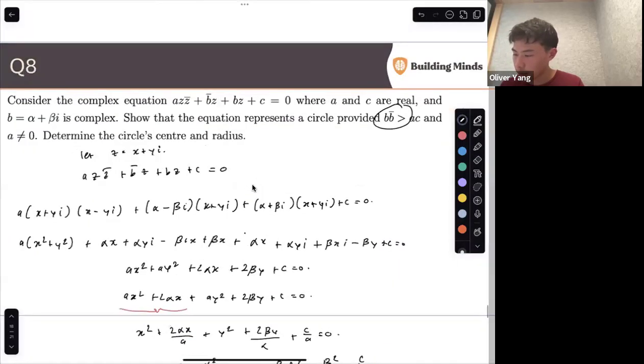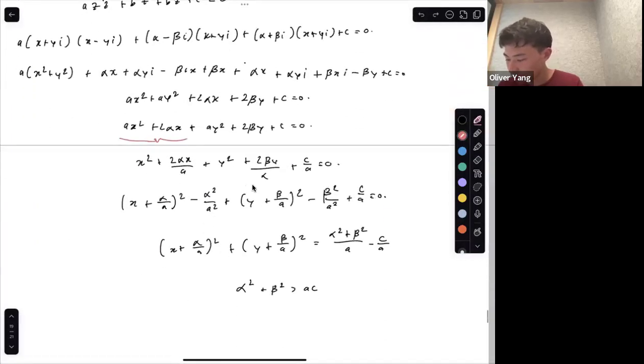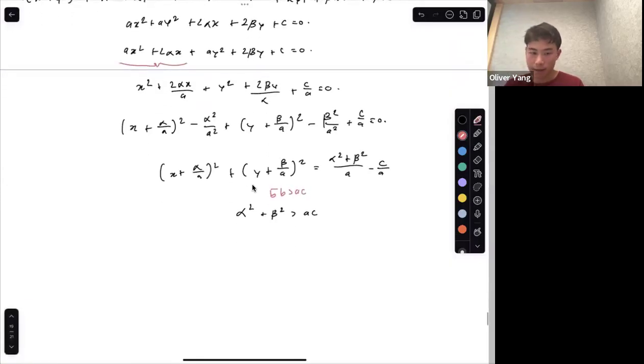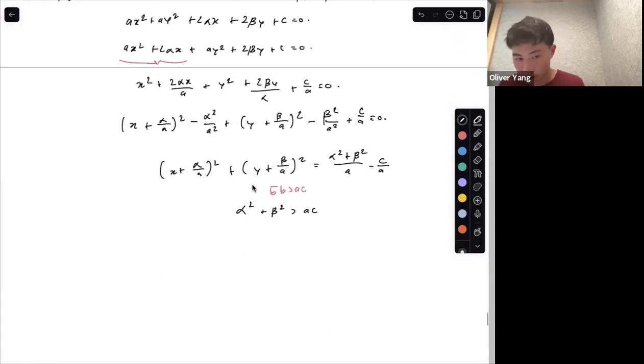Because of this statement here, b conjugate is over ac. So our center is going to be negative alpha over a, negative beta over a.